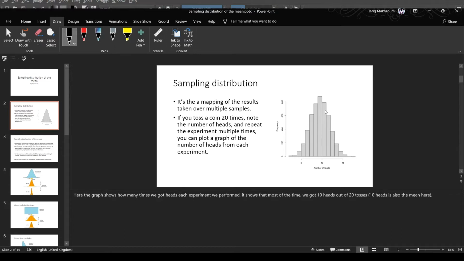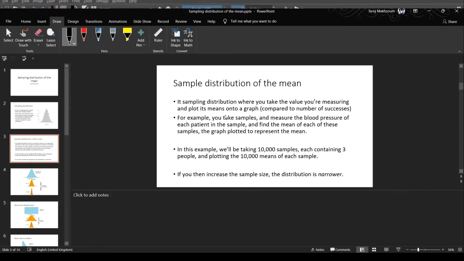And so you'll notice most of the time it's around 10. So most of the time you get roughly 9 to 12 heads out of 20 coin tosses. Now obviously here we're assuming you did the experiment roughly 10,000 times, which is very impractical unless you're a computer, but I don't care.